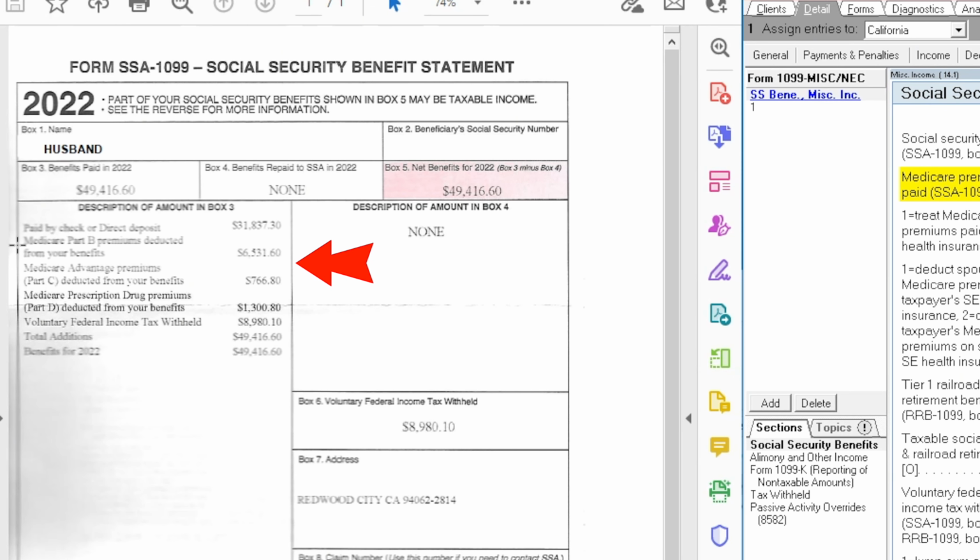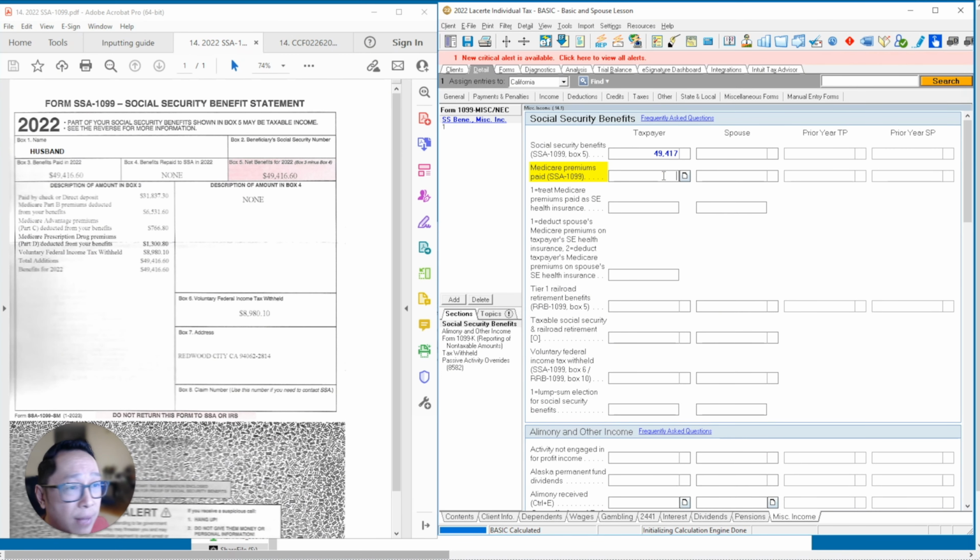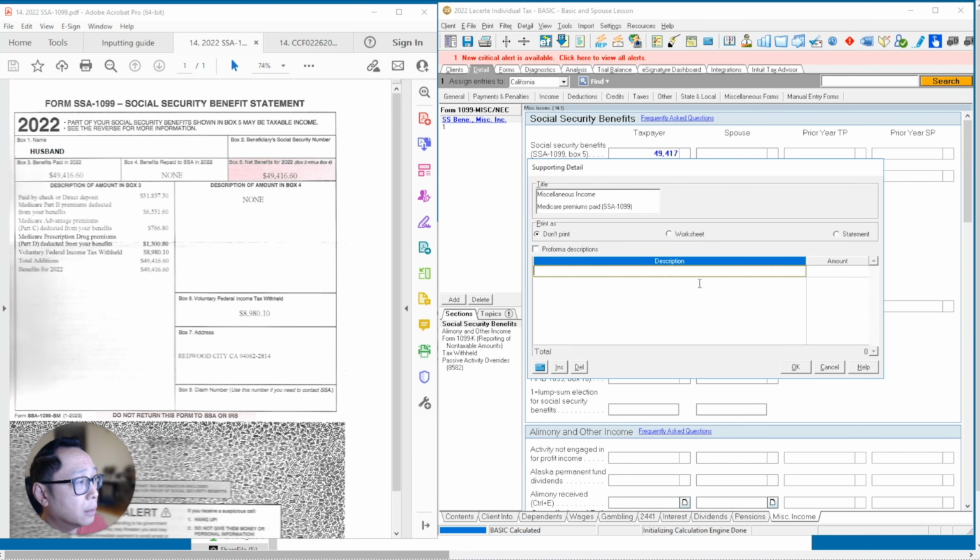So we look at Medicare premiums right here, and we need to add these up together. Instead of adding up in a calculator yourself, you could just expand it out. You press this button right here, and it'll list out the detail. You can just enter in the amounts manually yourself.